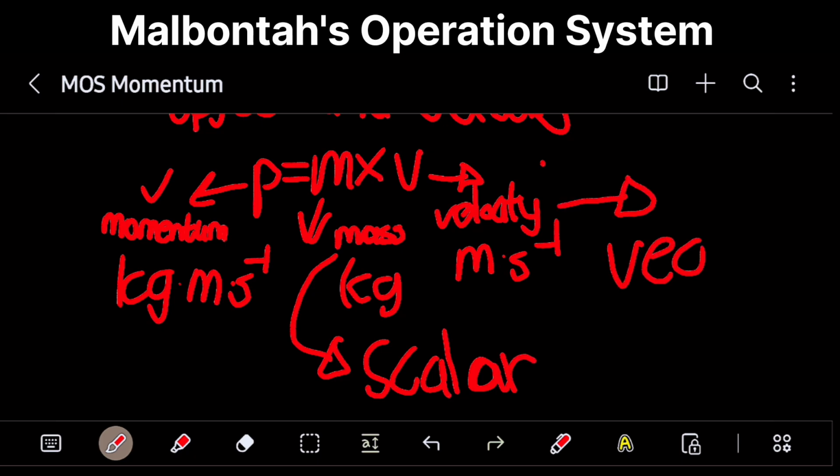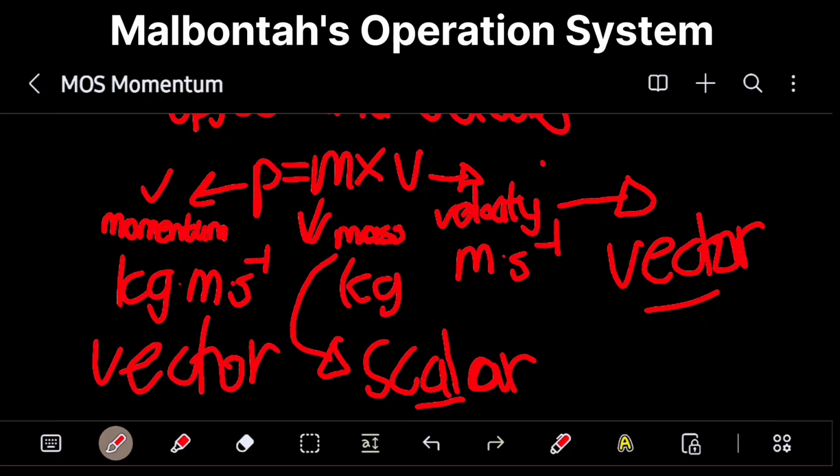A vector quantity. So I'm multiplying a scalar with a vector, which means my final answer, the momentum, would be a vector.